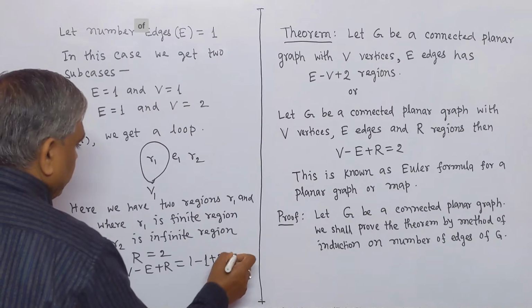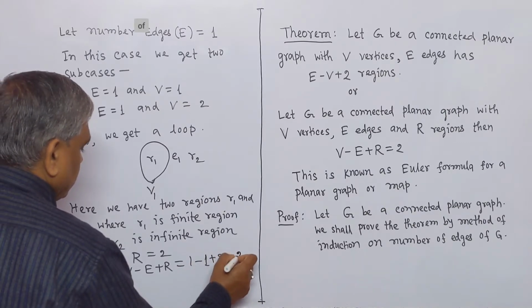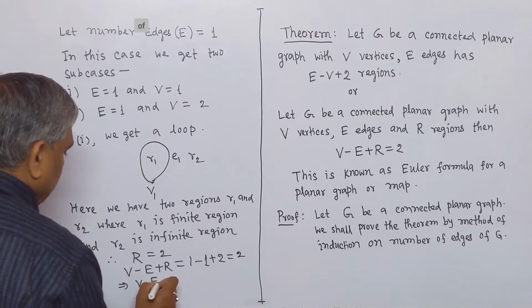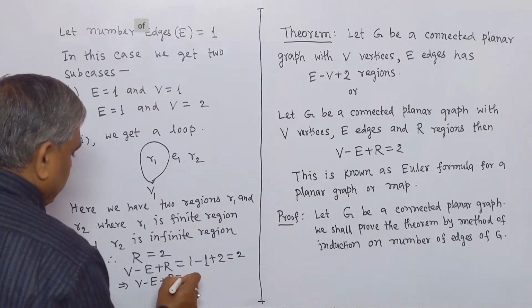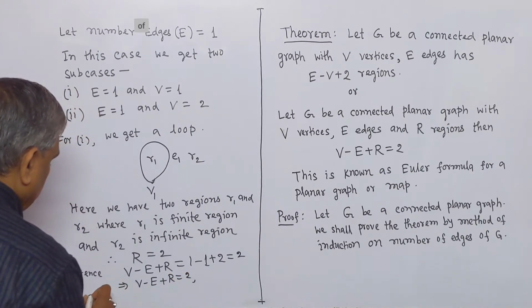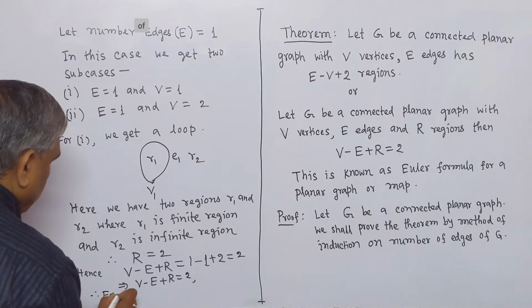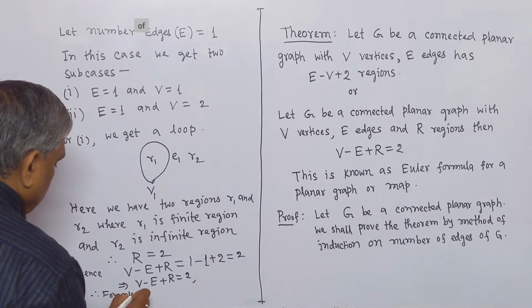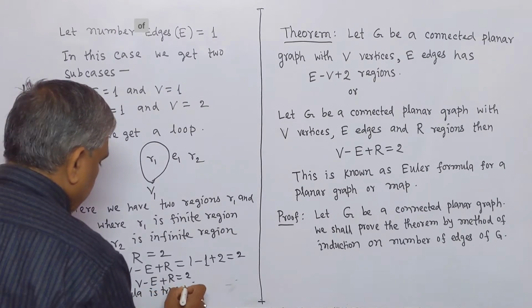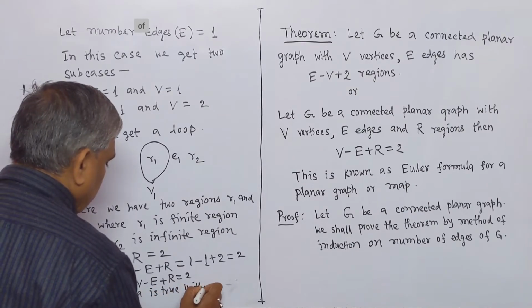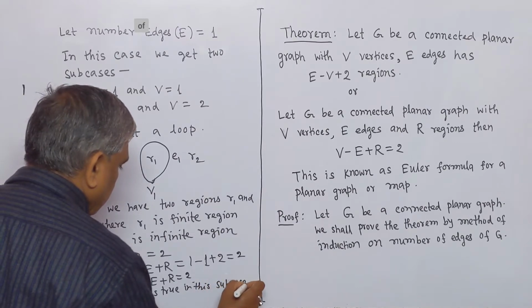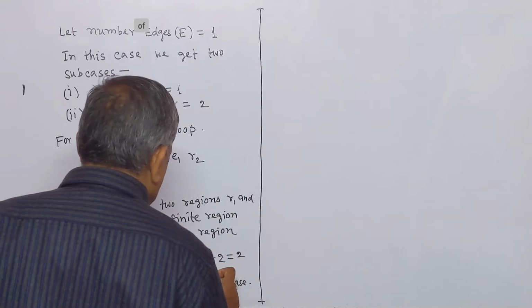That is 1 minus 1 plus 2, which implies that V minus E plus R equal to 2. Therefore, formula is true in this subcase. Let this be number 1.